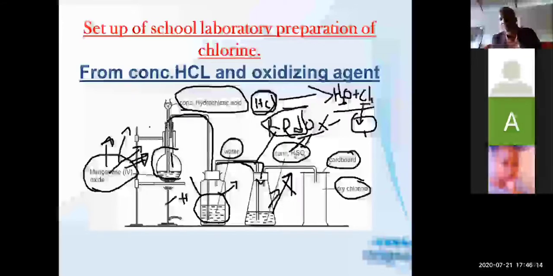Calcium oxide, very good, correct. Another one? Calcium chloride. It is called anhydrous calcium chloride.